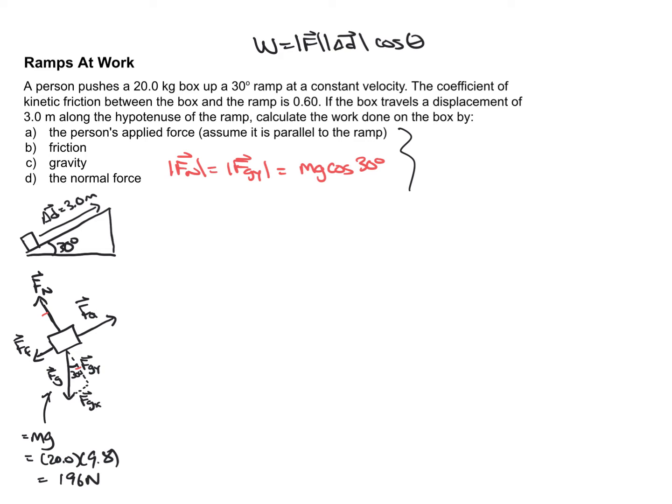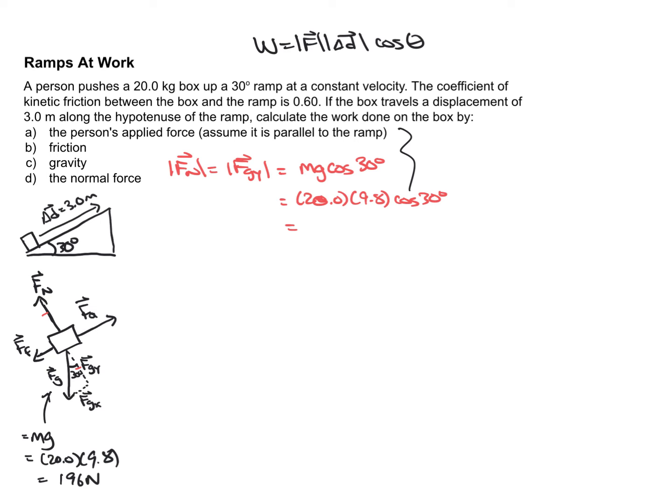I can get the value of that. It won't end up mattering too much, but I'll get its value. The mass is 20, g is 9.8, times cosine of 30 degrees. So basically 196 times cosine of 30 degrees. Let me calculate that.